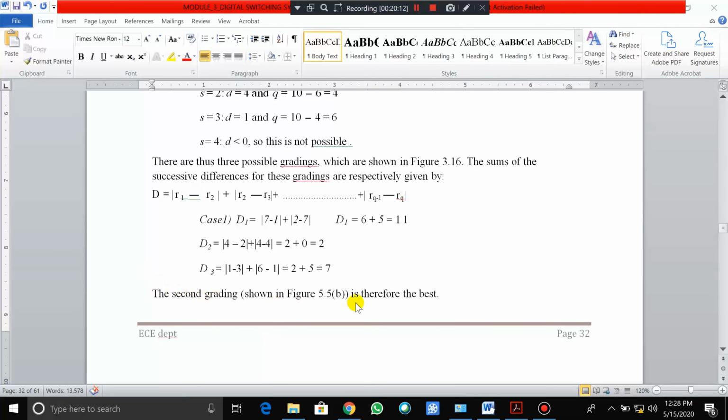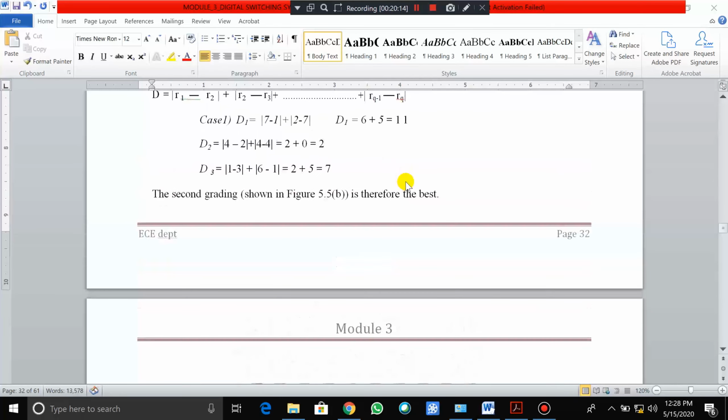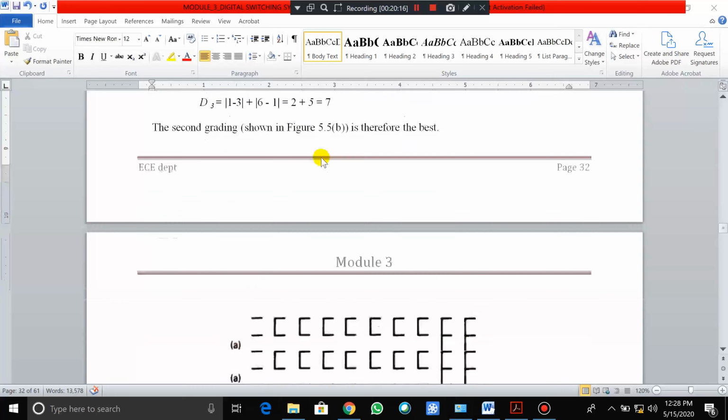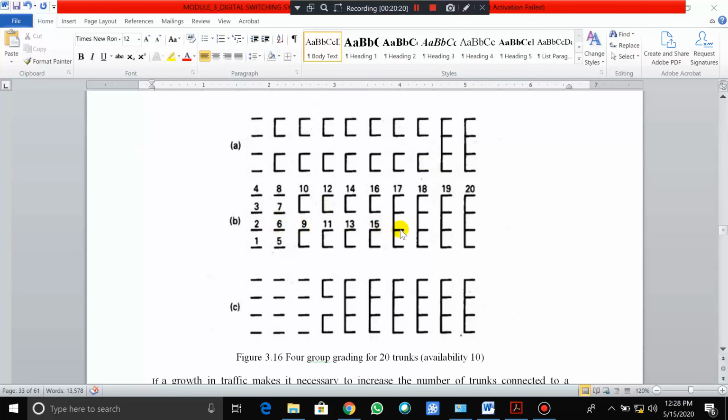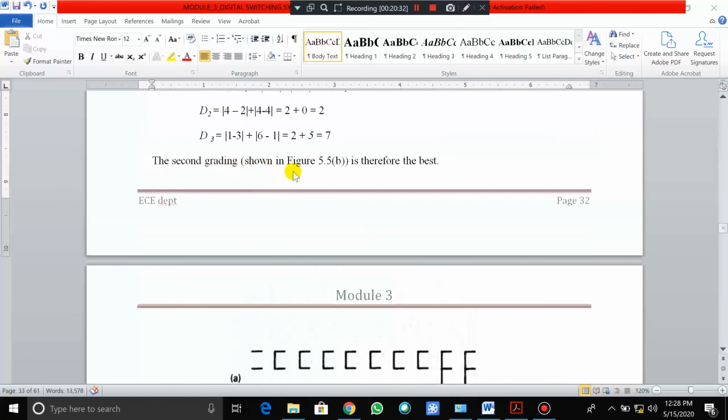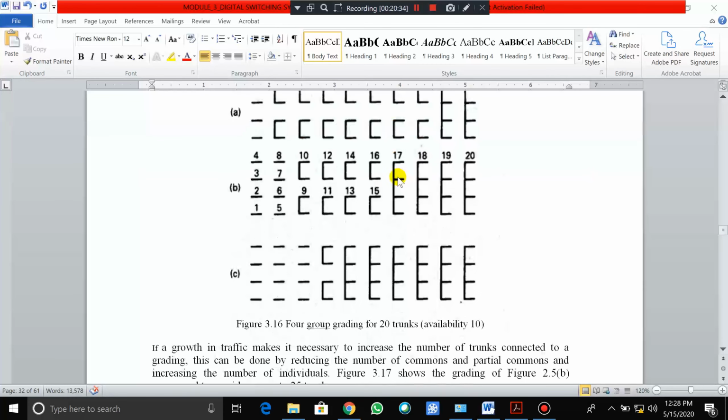The second grading is therefore the best. See, this is the first grading, second grading, and third grading. So this is the first type of grading, this is the second type of grading, this is the third type of grading, and they are telling the first type of grading is the best type of grading.